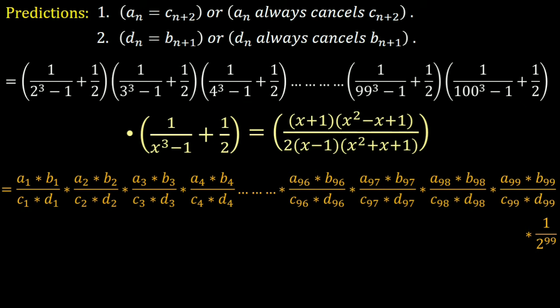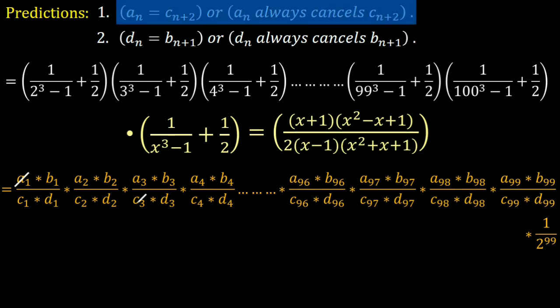Now using our first prediction we can cancel a1 with c3 and a2 with c4, and similarly a3 with c5 and a4 with c6. In the same way, c96 was cancelled by a94, and c97 by a95. Using the same method, a96 was cancelled by c98 and a97 by c99.